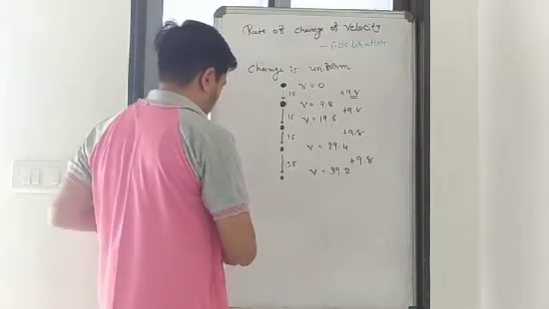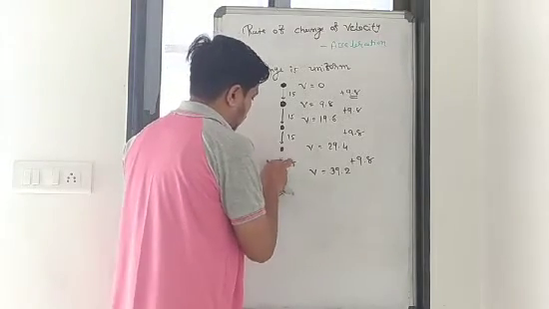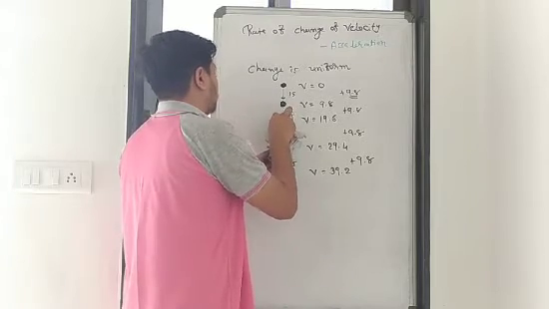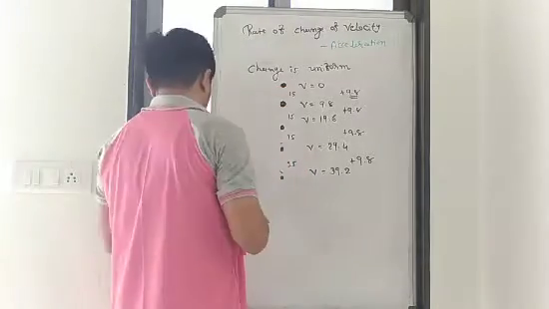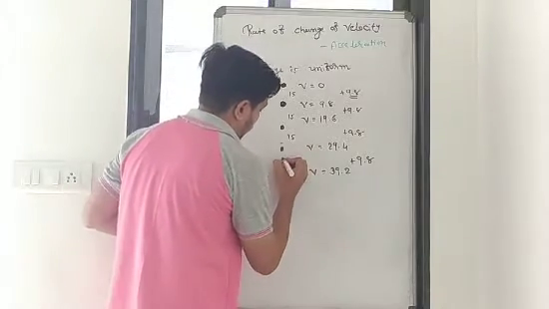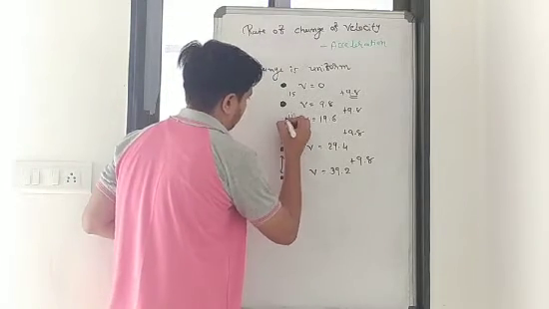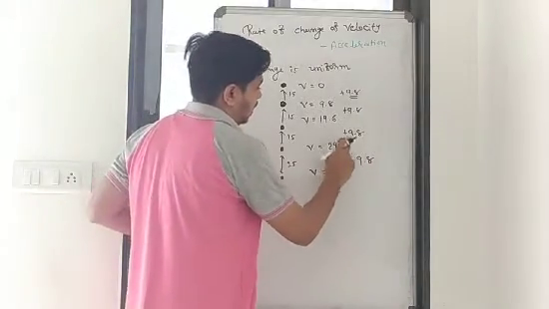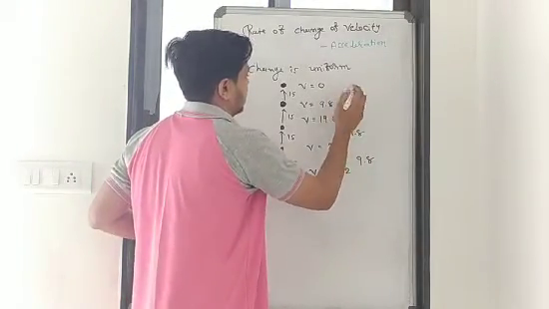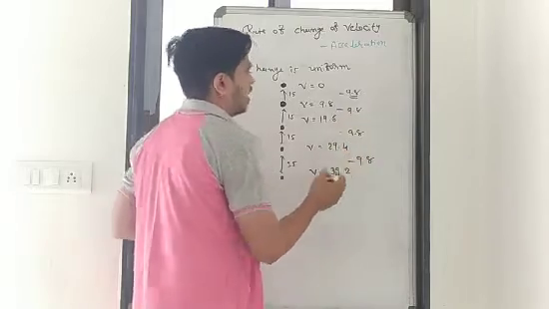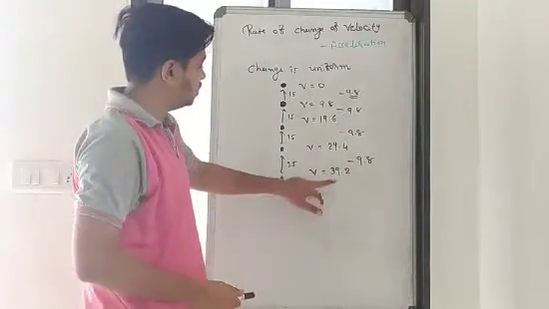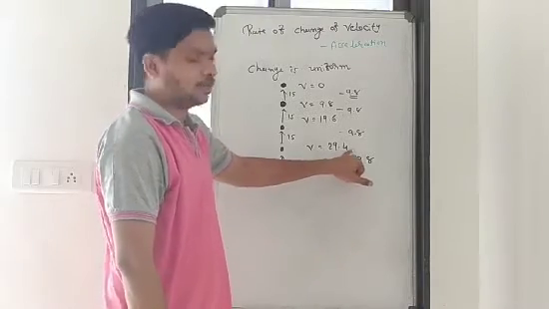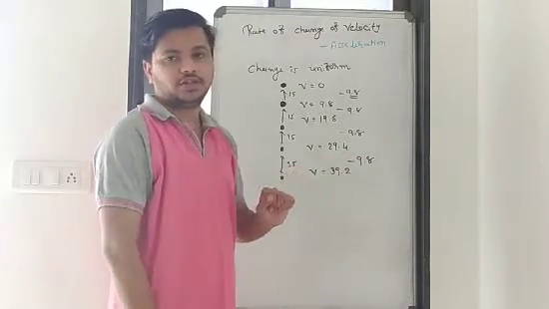If we think of a reverse process, if it goes in an upward direction, then what happens? Then this velocity is decreased by an equal rate. 39.2, 29.4, minus 9.8, right?